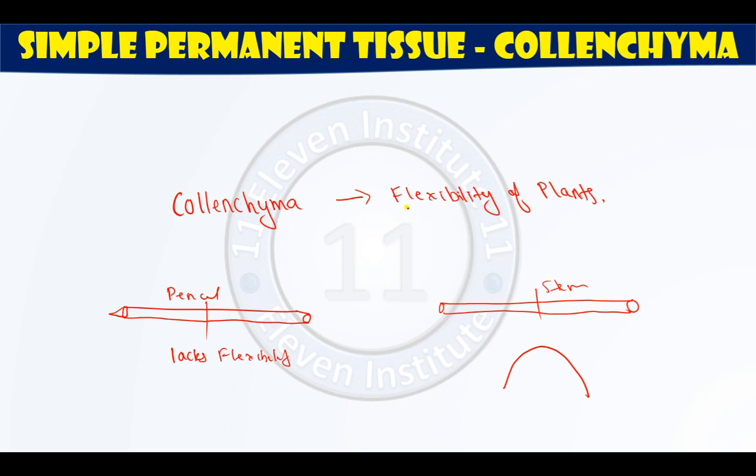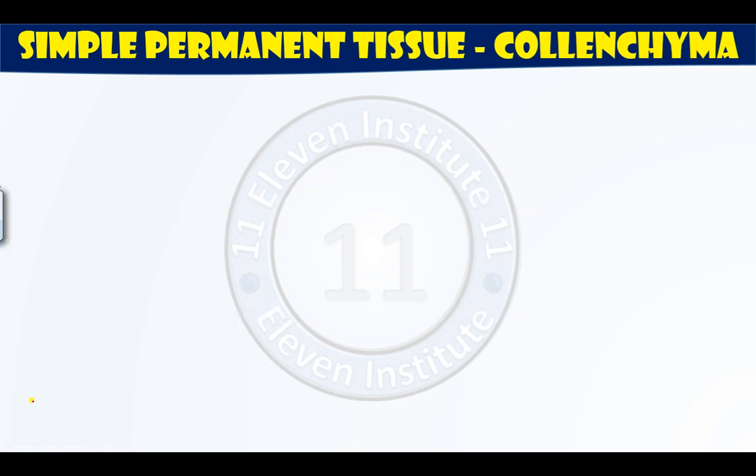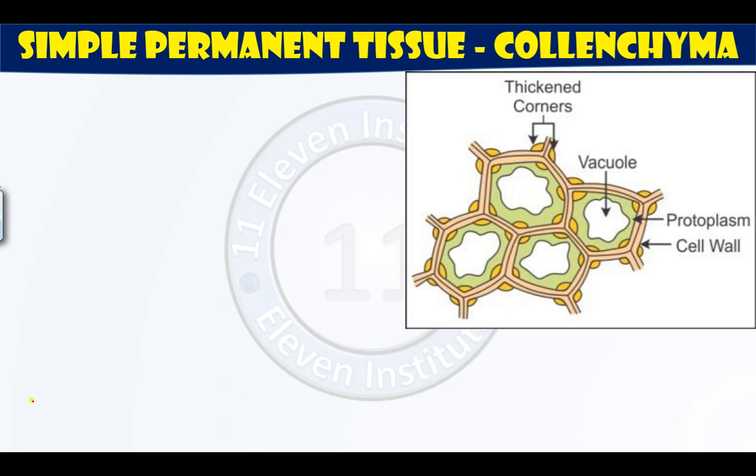They have flexibility, and this flexibility is due to the presence of a special type of tissue which is parenchyma. So definitely parenchyma would show some strength which provides flexibility to the plants. Let us now discuss parenchyma. This is how the cells of parenchyma look. You can see thick cell walls and no intercellular space.